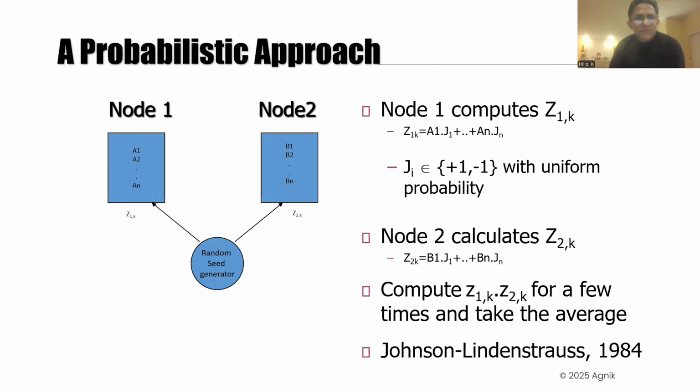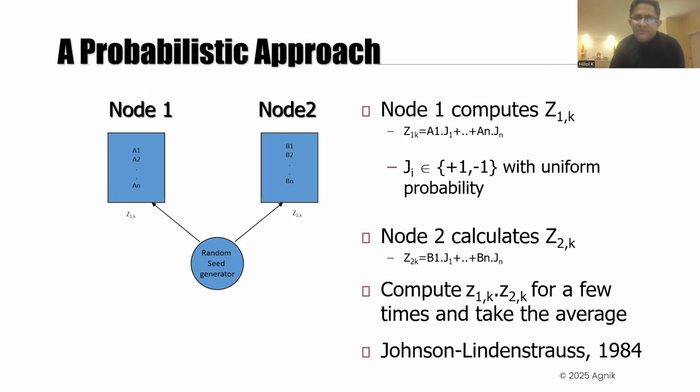After you flip the signs, you add them up and compute a scalar, which we call z1k, for example. You do the same thing at node 2 and compute z2k. So you get two scalars, and now you share the scalars and multiply z1k times z2k.